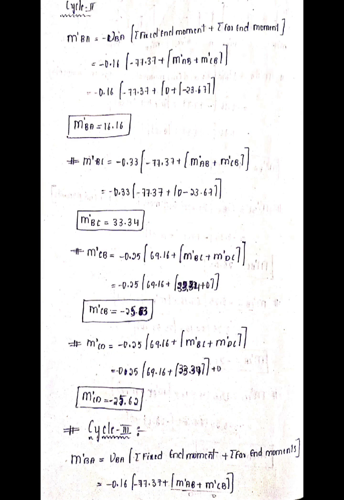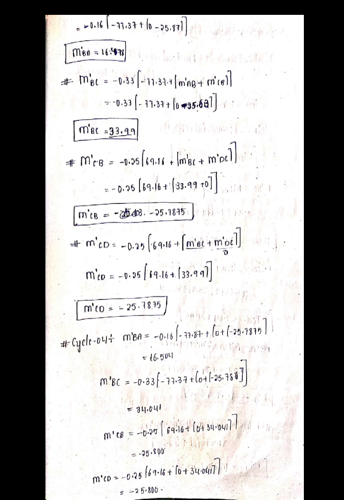In this way we can calculate cycle 2, and then here we can see the cycle 3 iteration also, the values of cycle 3. These are cycle 3 M dash values and cycle 4 M dash values. We need to remember that as soon as we have calculated, we write them under the table.